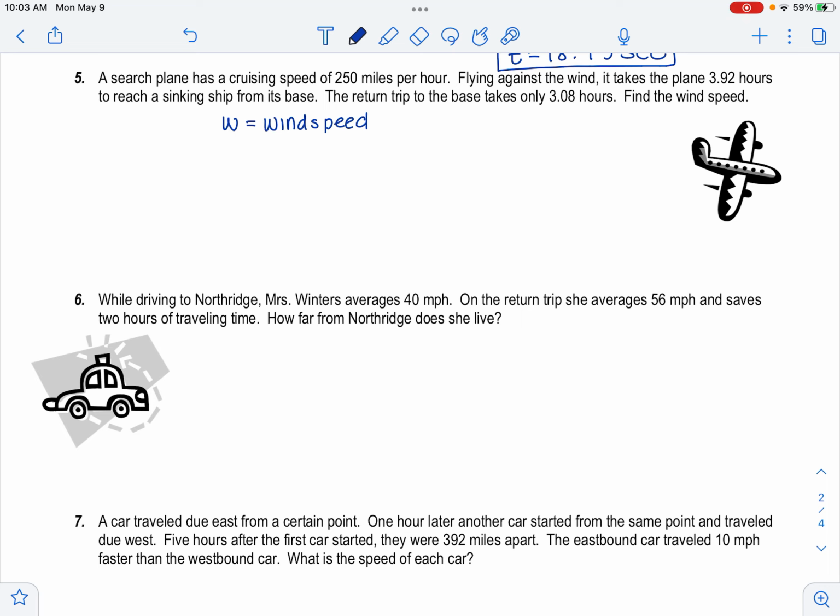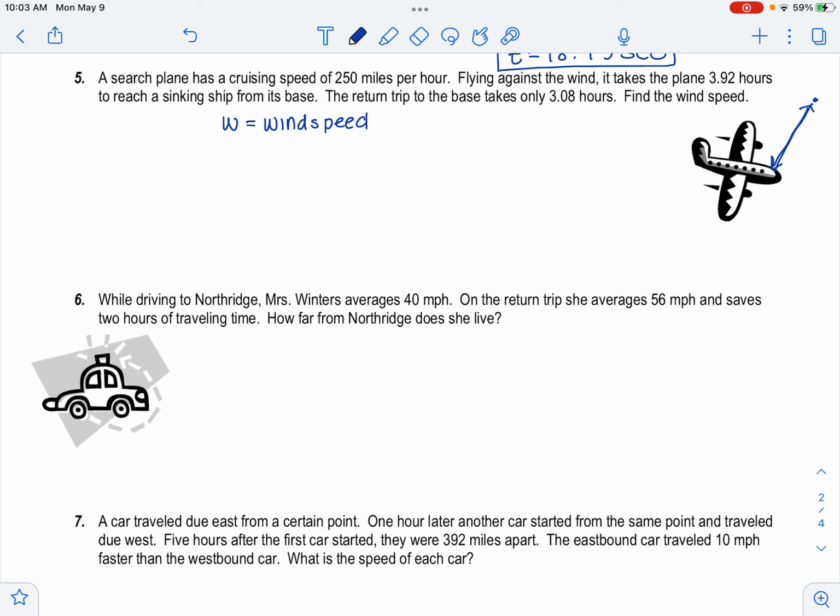Okay, so I do not know the distance that this plane traveled, but here's what it did. So here's my picture of my plane already. It traveled to a sinking ship, right? Let's say the sinking ship's over here. So it traveled there, and then it traveled back. So what I do know is the distance is the same both ways. So I don't have to call it distance 1 and distance 2. It's unknown, but that's not a big deal because it's the same distance.